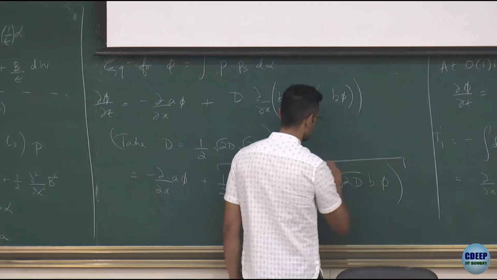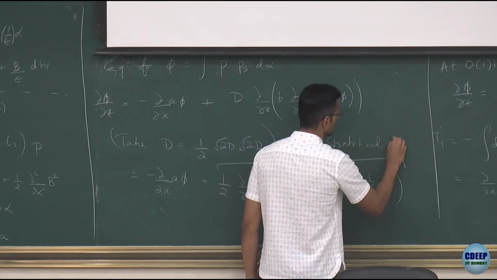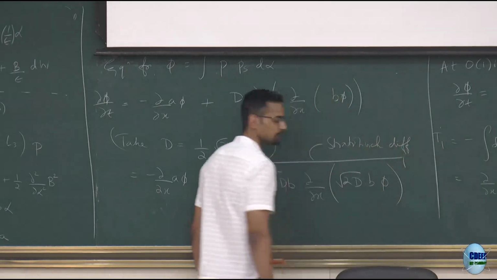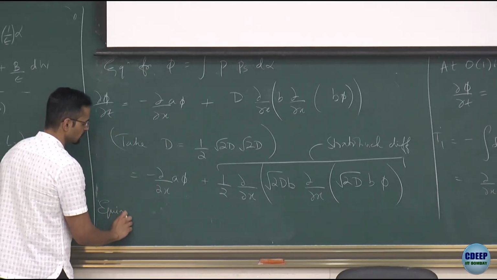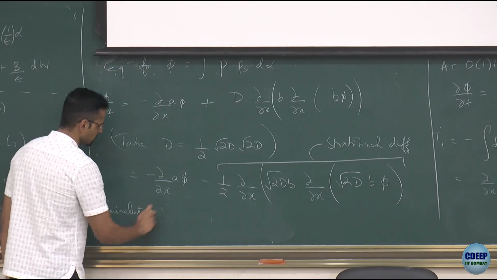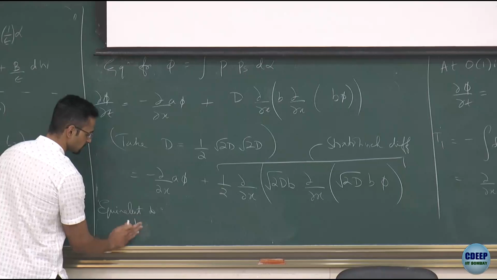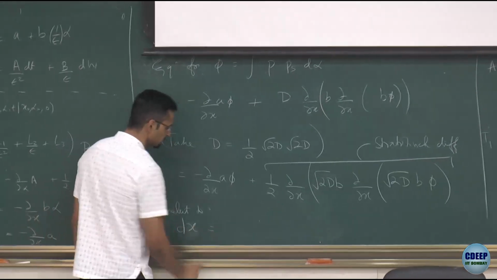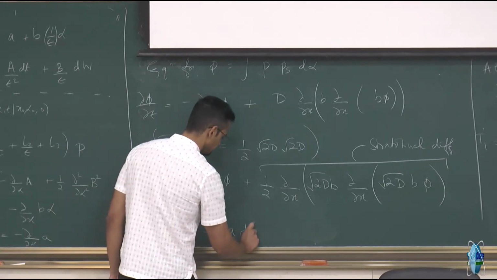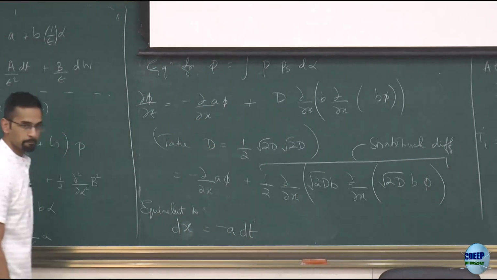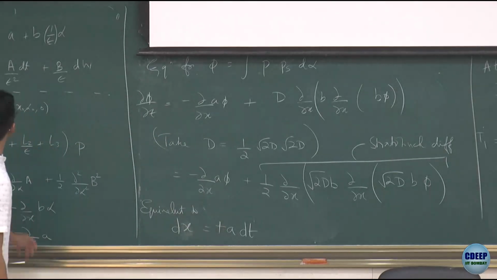So this whole thing is the Stratonovich diffusion in the Fokker-Planck equation. And therefore this is equivalent to writing the following SDE. So dx is equal to, this is the drift term, so I'll have minus a dt, which is what we had, plus a dt, which is what we started with.